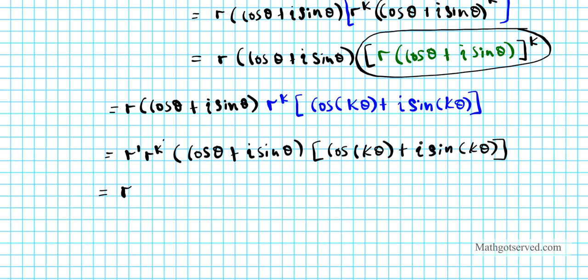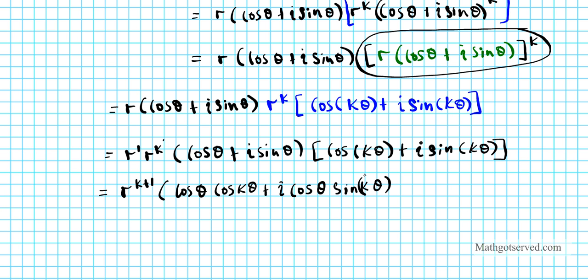So I can write this as r to the k plus 1. Leave that alone because it's exactly how I want it. Now let's distribute here. We're going to have cosine theta times cosine k theta. That's the first. And then outer is going to be i cosine theta sine k theta.